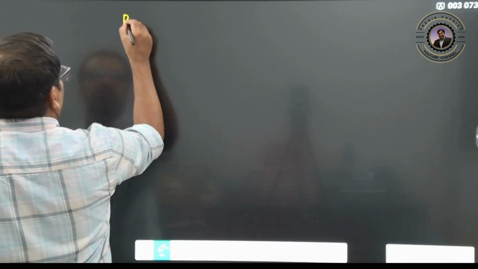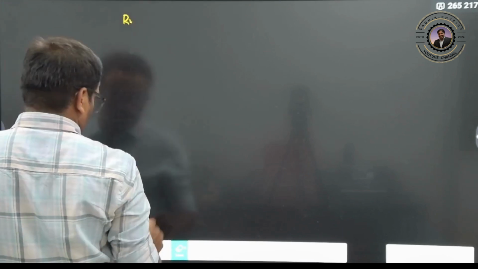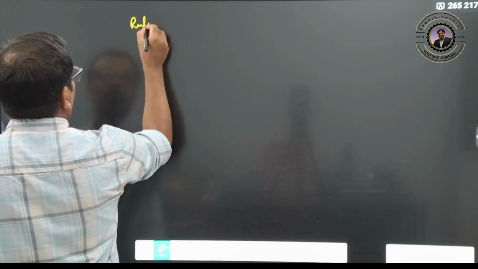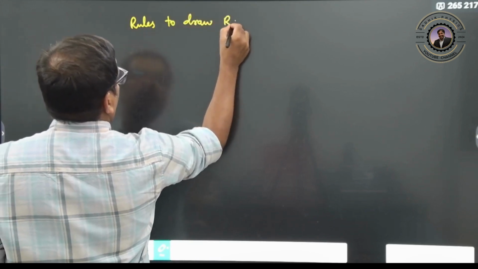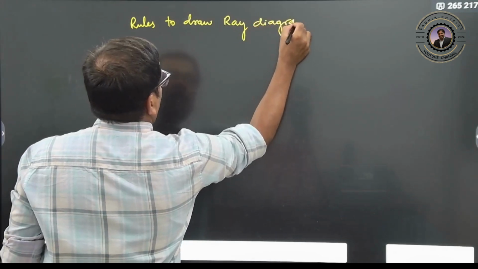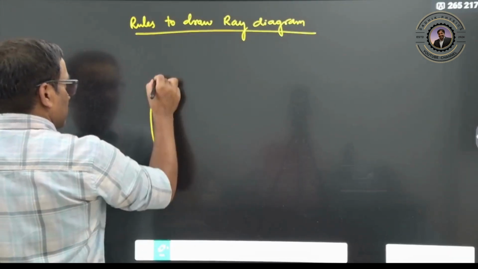Rules to draw ray diagrams. What are the rules? First, this is your convex lens.